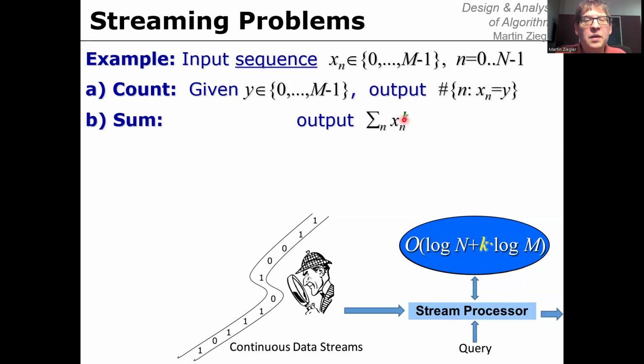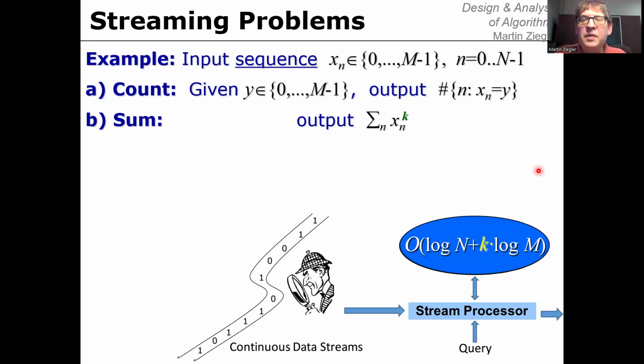And again, the essence is how large can that accumulator become? It can become at most N times M to the k, so that the binary length is log N plus k times log M. That's our memory efficient streaming algorithm for the sum and for the power sum problem.